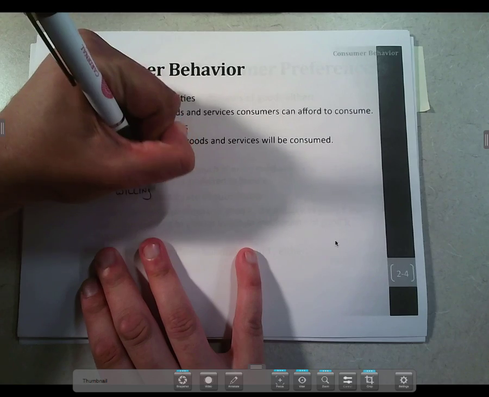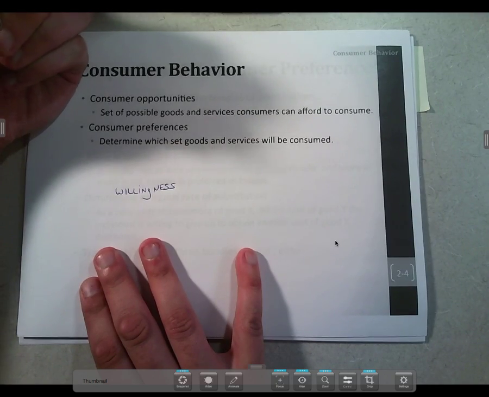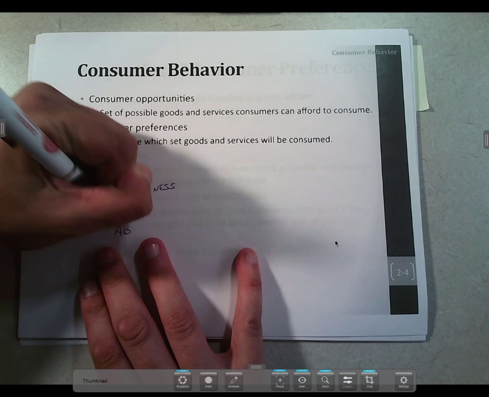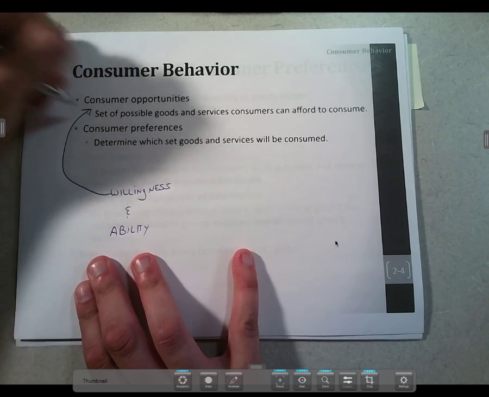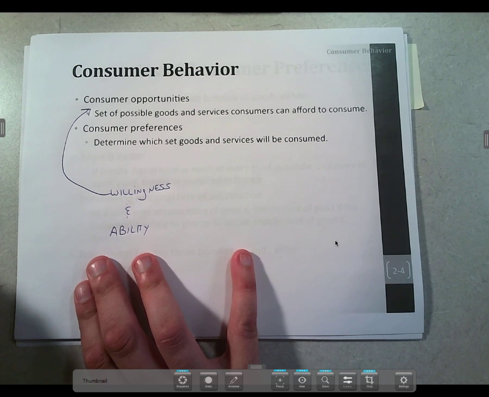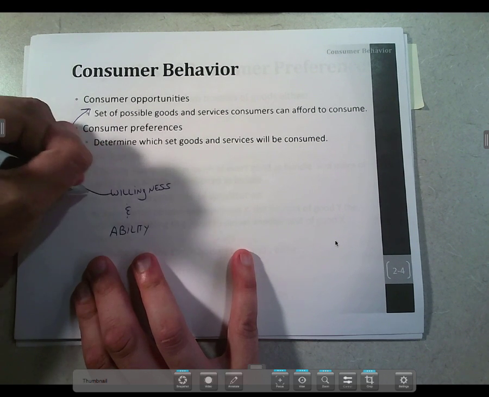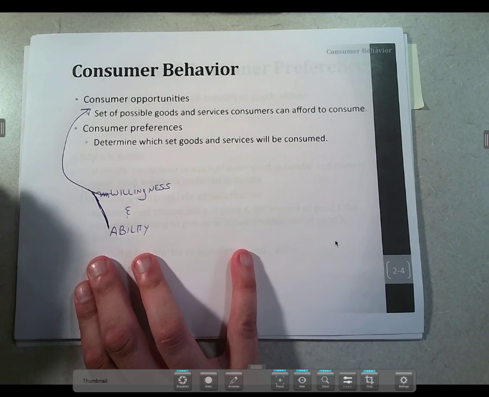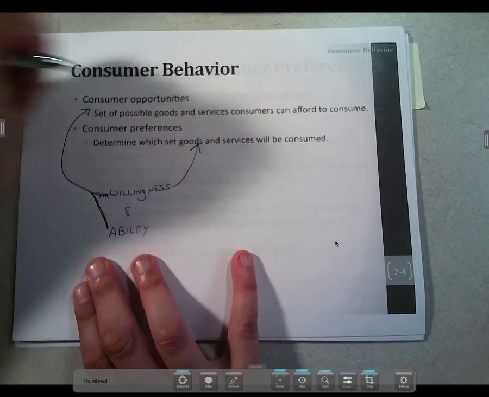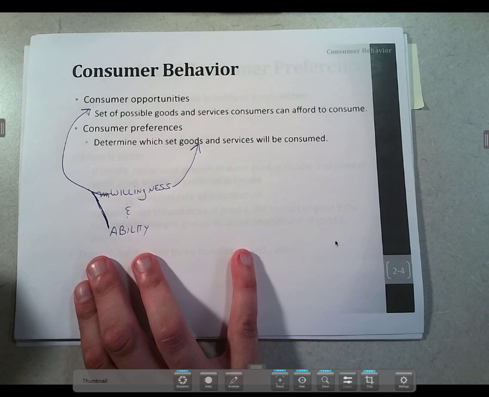That demand curve itself reflects there being a willingness and there being an ability to do something, right? And we looked at that in the previous chapter. We need some function that can describe my ability to buy the product, and then some function that's going to describe my preferences or my willingness to buy that product.